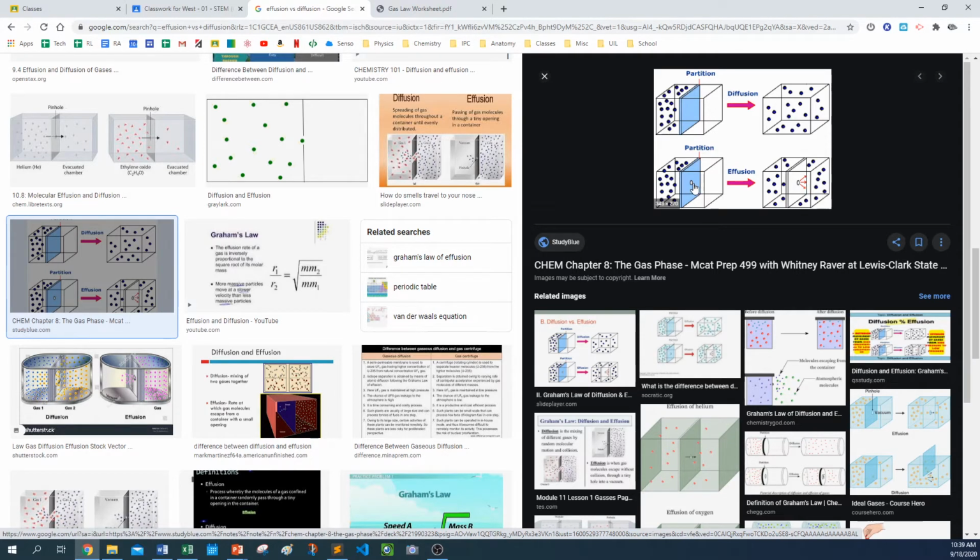If we poke a tiny hole in this partition, what's going to happen is gas molecules will eventually find their way through that hole. It'll take a long time, but they'll eventually pass through that hole and fill the other container. So diffusion is just if you open a can of Coke, the CO2 is going to come out and fill the room.